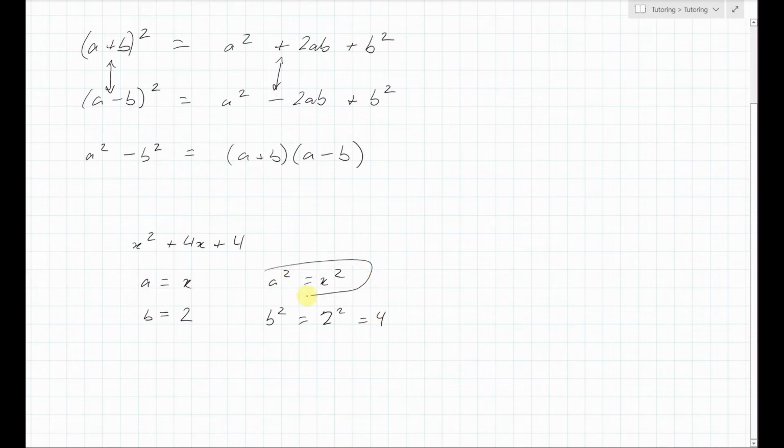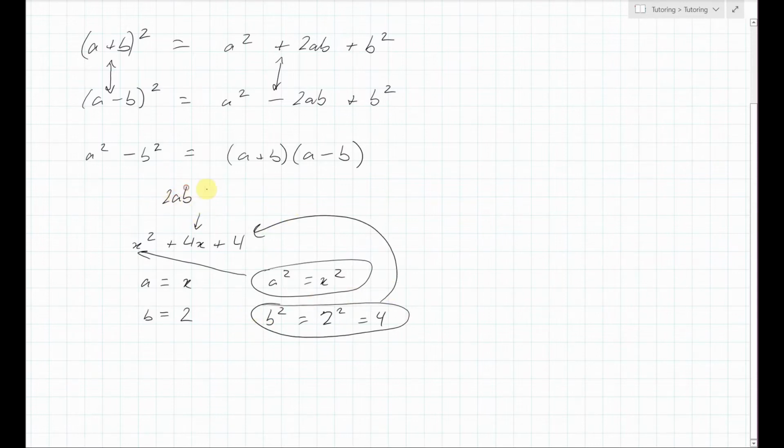So a squared is the x squared, and b squared is 4, that's this one. Does the middle one equal 2ab? Well, 2 times a, which is x, times b, which is 2, is 4x, and that does equal 4x.